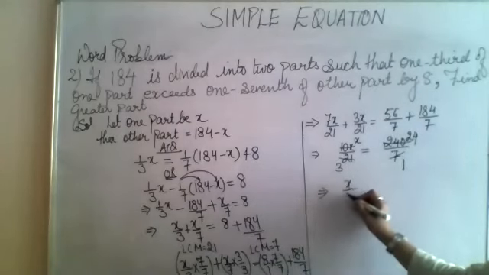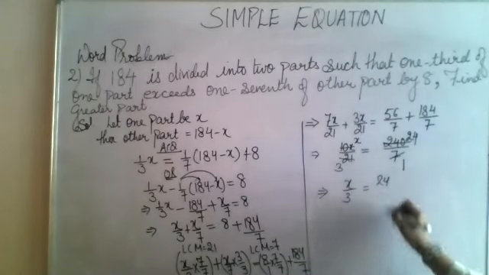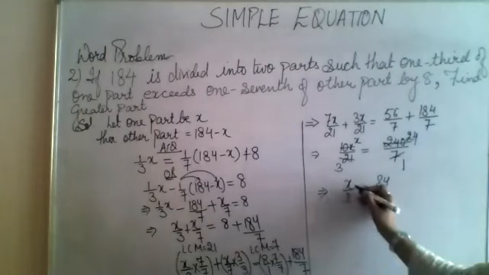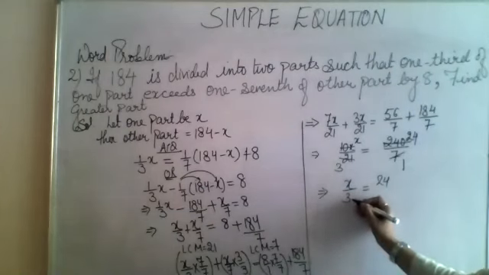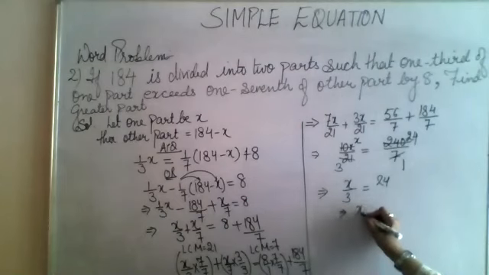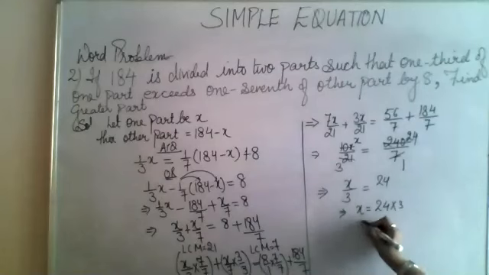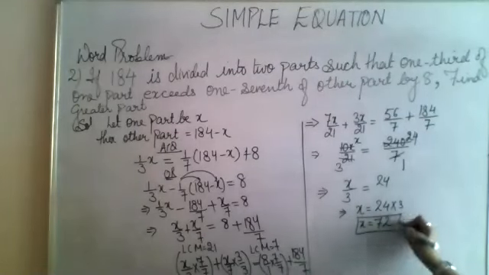So what is remaining? x upon 3 equal to 24. You have to find x. Take this 3 to the numerator, so the x value will be 24 into 3 equal to 72.